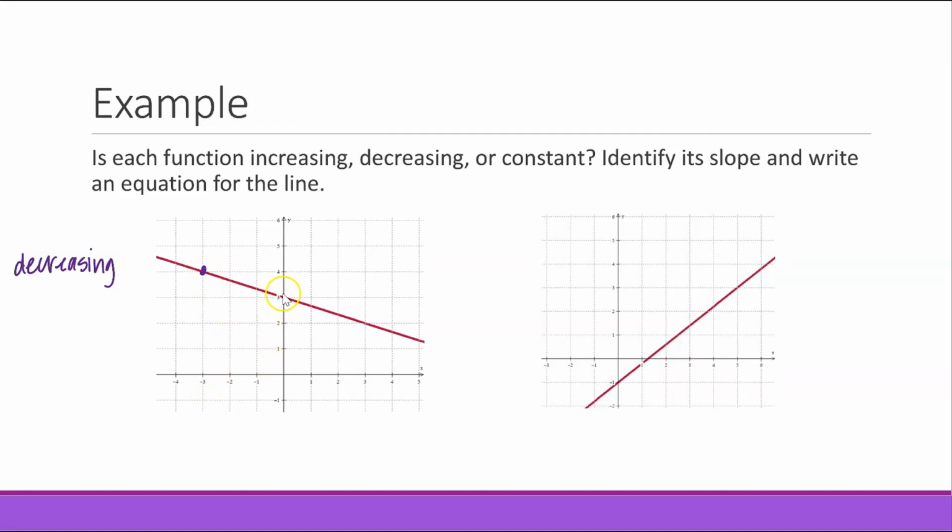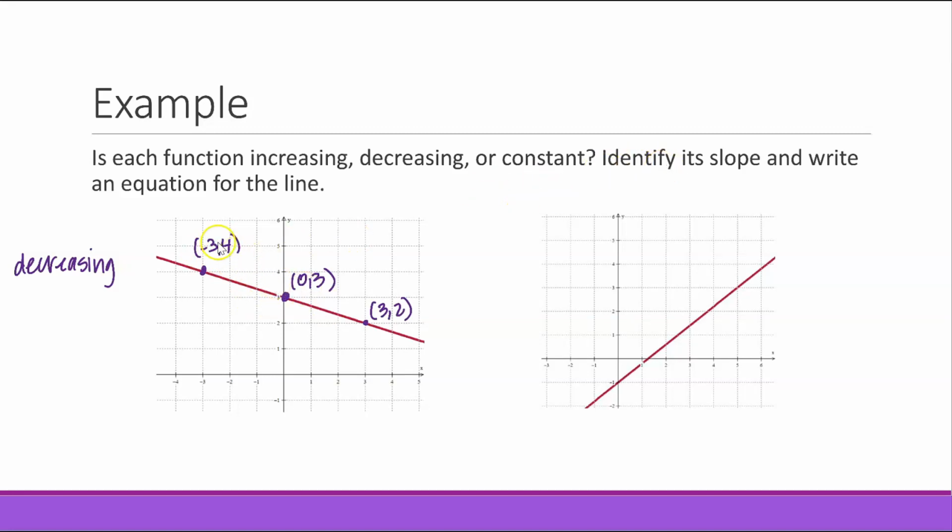And I'm also going to pick this y-intercept value at 0, 3. I pass through 0, 3. So I'm going to label those. I have -3, 4. I have 0, 3. I could also have chosen, let's see, 3, 2. That's another point. So I'll just emphasize that as well, the point 3, 2. So I want to pick 2 points that fall on nice integer values.